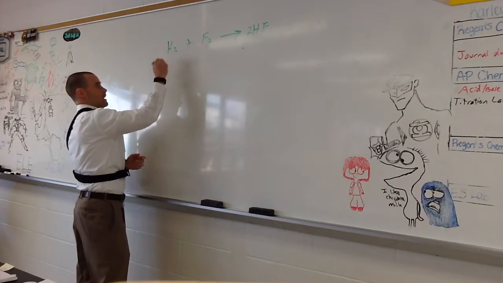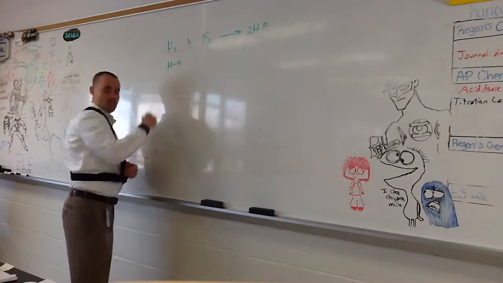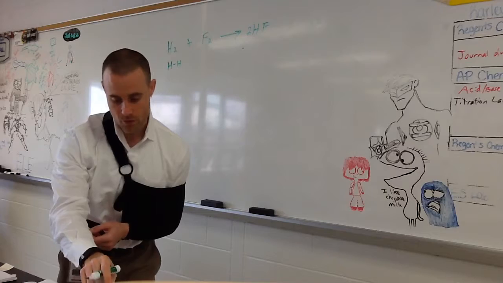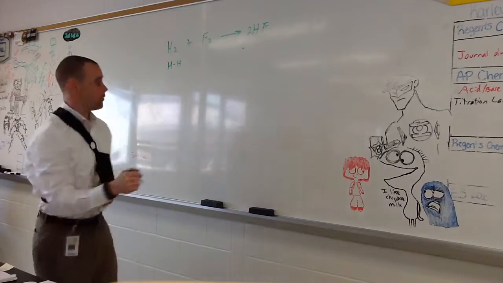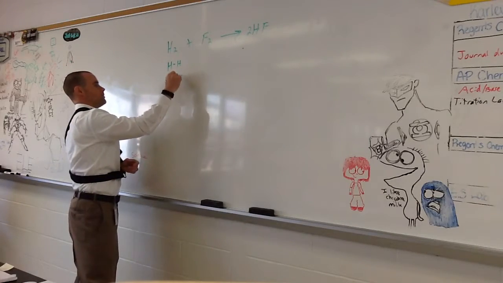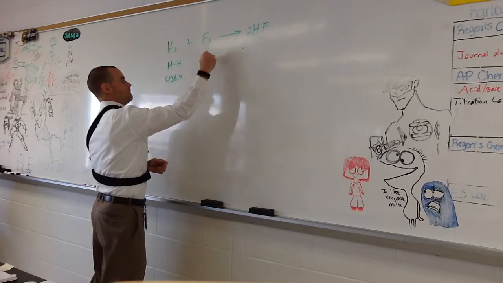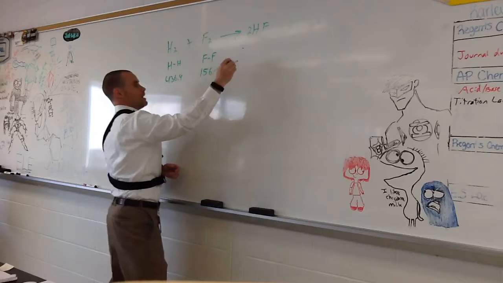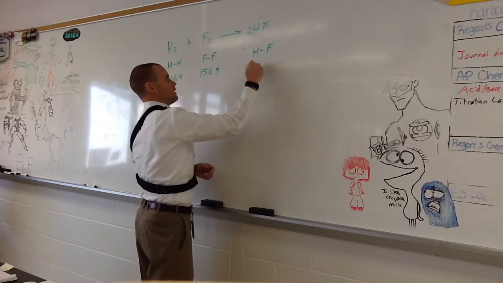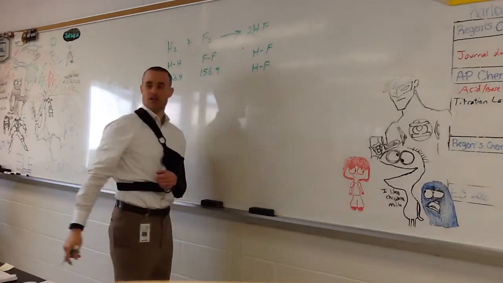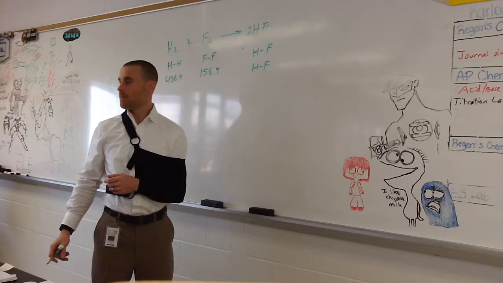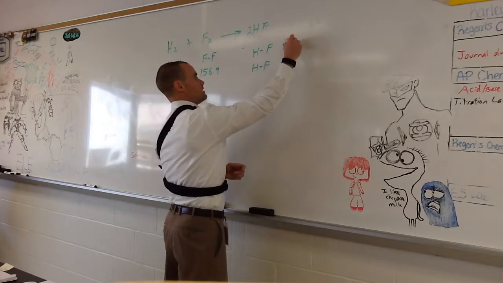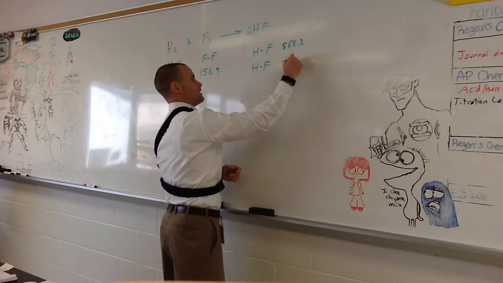So HH has a bond enthalpy of what? 436.4. FF is what? 156.9. And then you have 2 of these, right? So what's each one of those? 568.2.